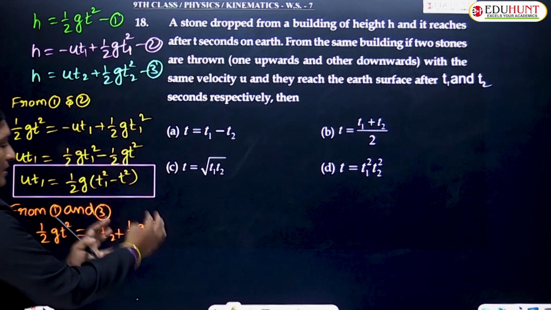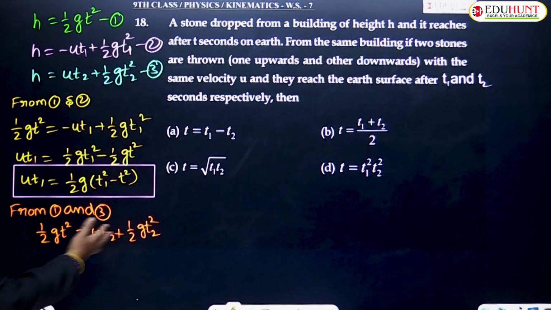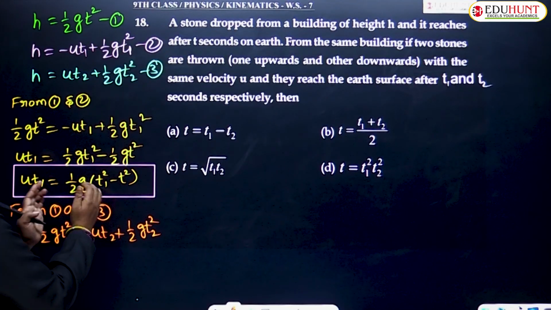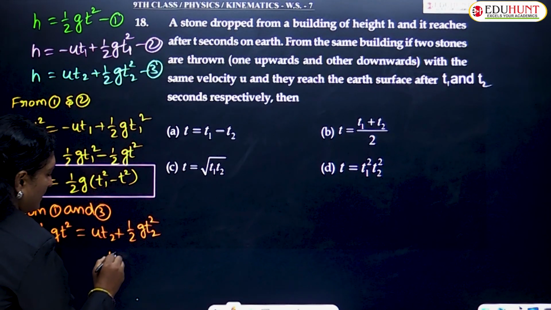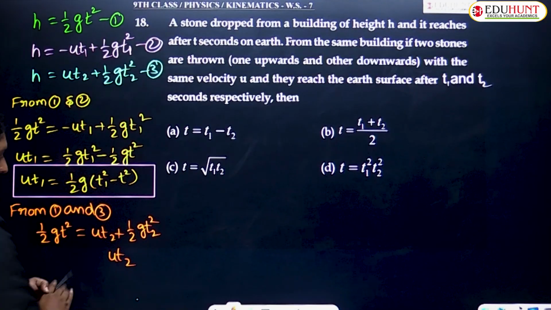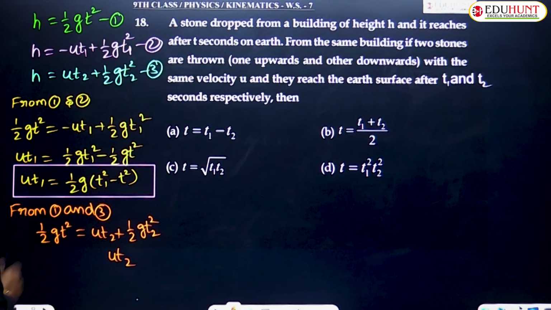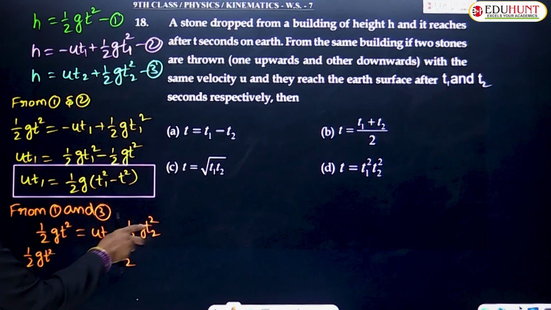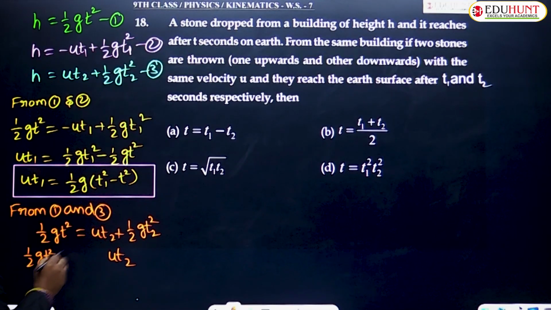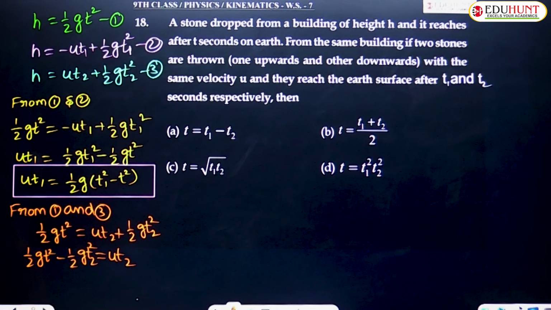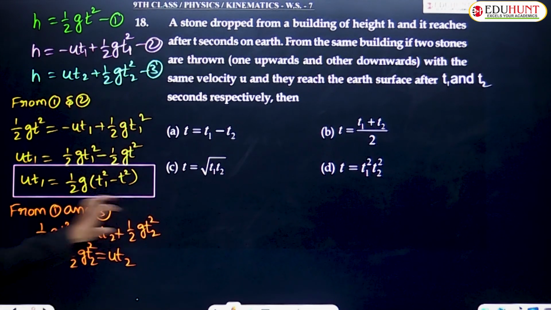Okay, again bringing all the common values to one side and taking the values to the other side. So here, half g, no more negative sign is there. So what we do is keep this ut2 here itself, and take this half g t2 square to the other side. Then it would be half g t square, this value, and this when it comes to the left side, it will become minus half g t2 square, is the value of ut2. I just kept it here and brought this to the other side.